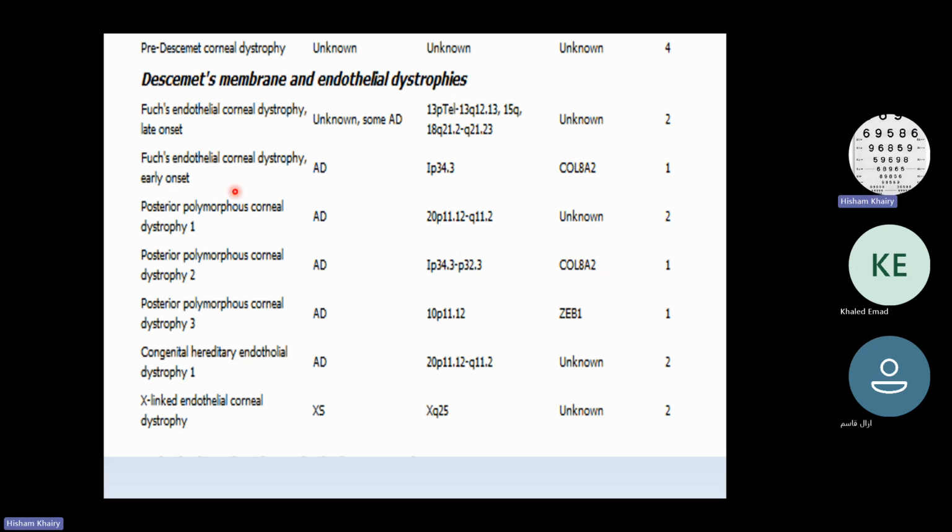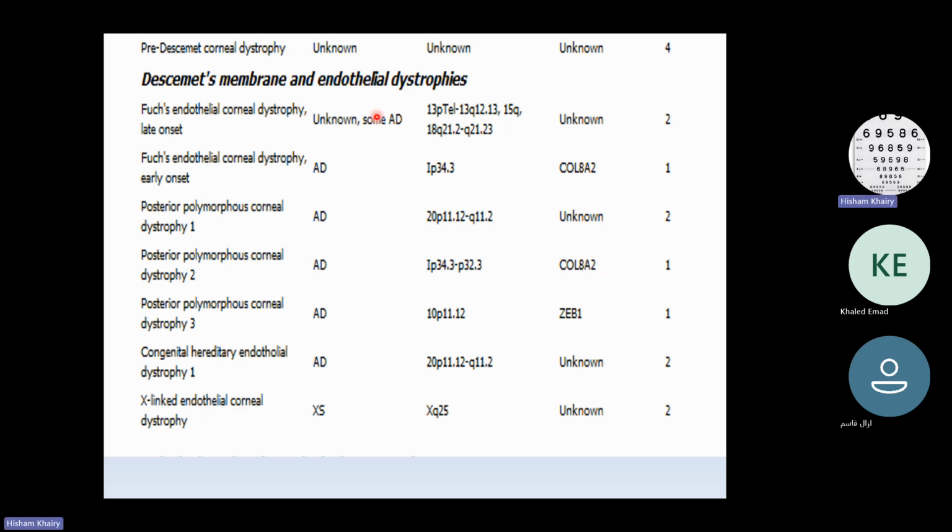Descemet's membrane dystrophies include Fuchs endothelial corneal dystrophy, which some divide into late onset and early onset, posterior polymorphous corneal dystrophy type 1, type 2, type 3, congenital hereditary endothelial dystrophy type 1, and X-linked endothelial dystrophy.